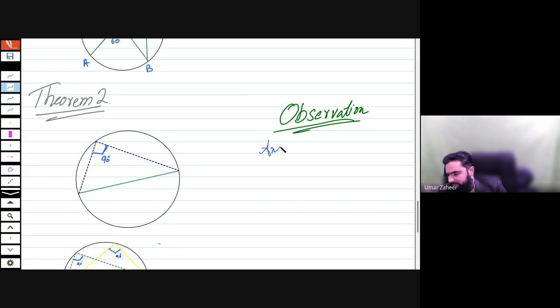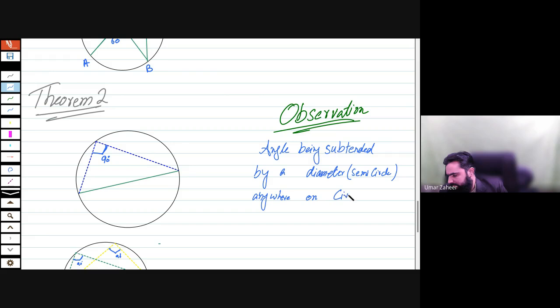The angle subtended by a diameter or semicircle anywhere on the circumference.